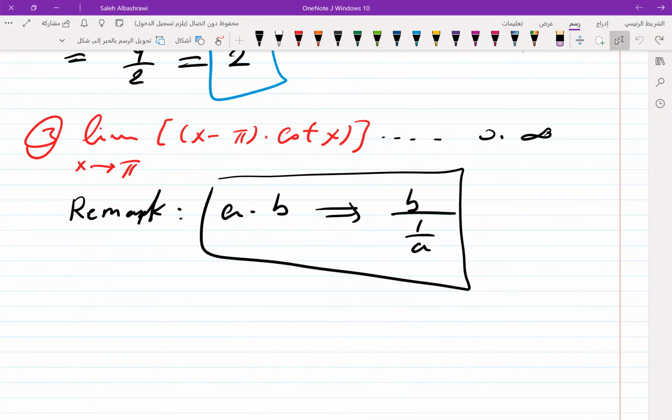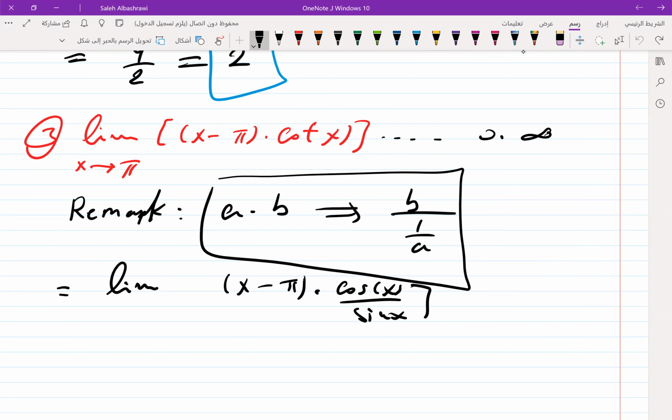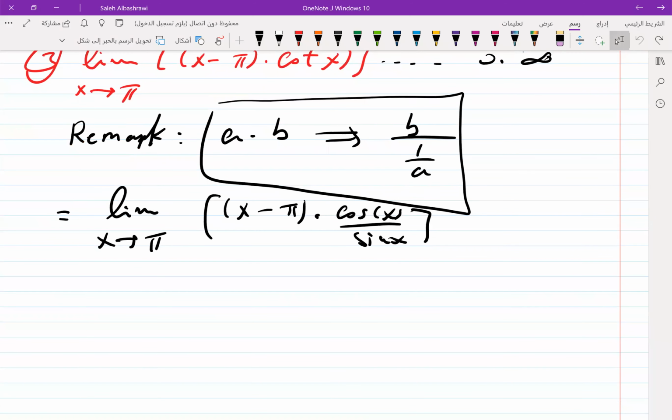Cotangent is cosine over sine. So to write it as a fractional function, the limit of (x minus pi) multiplied by cotangent, which is cosine of x divided by sine of x, as x goes to pi, is equal to the limit of (x minus pi) multiplied by cosine x divided by sine x.